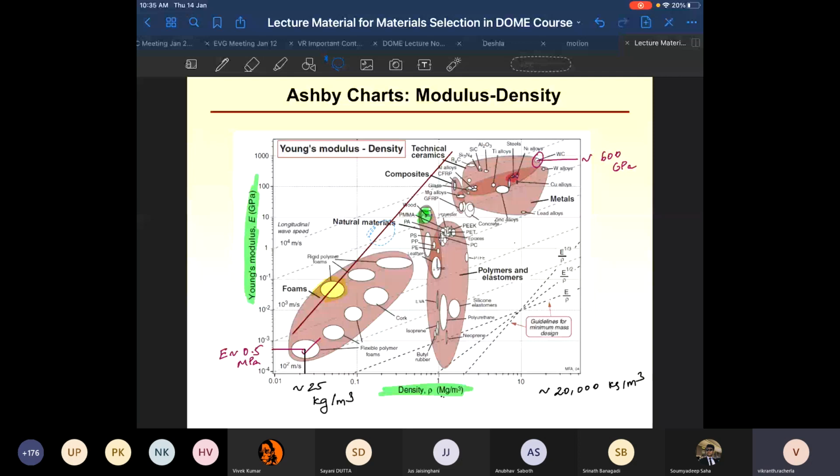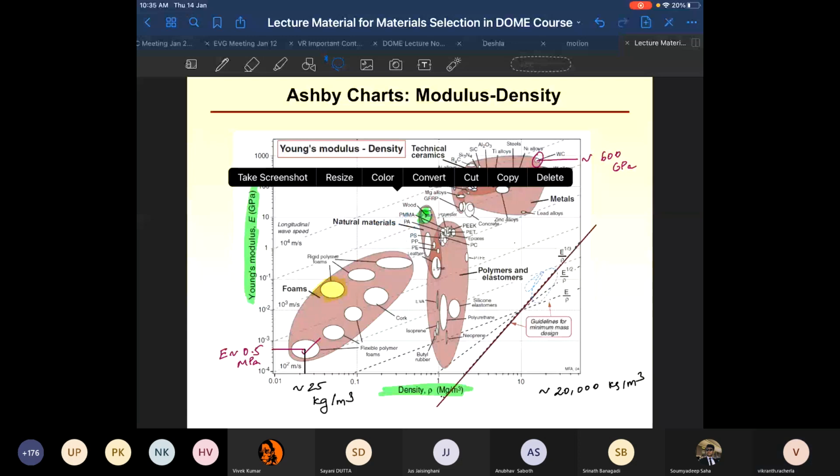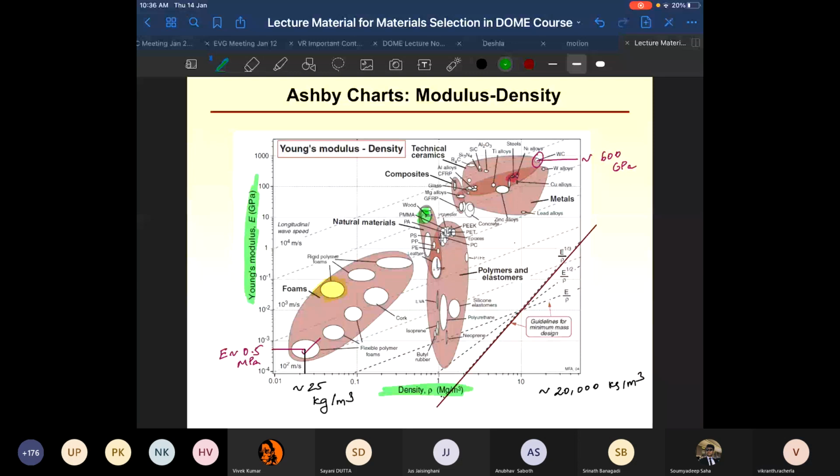Let me do this. For the beams, first I have to draw a line. Okay, so this is for the beams. Now let's go through this exercise. You see, aluminum is a better choice for weight reduction.